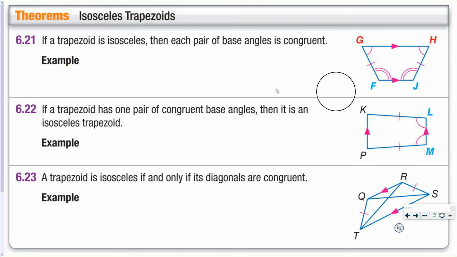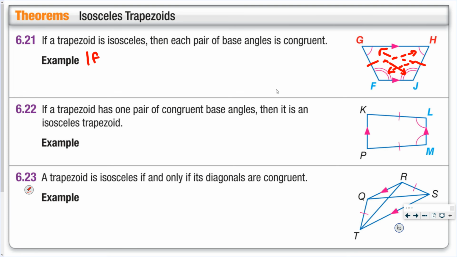So in an isosceles trapezoid, meaning the legs are congruent, each pair of base angles, those angles are going to be congruent, the base angles.